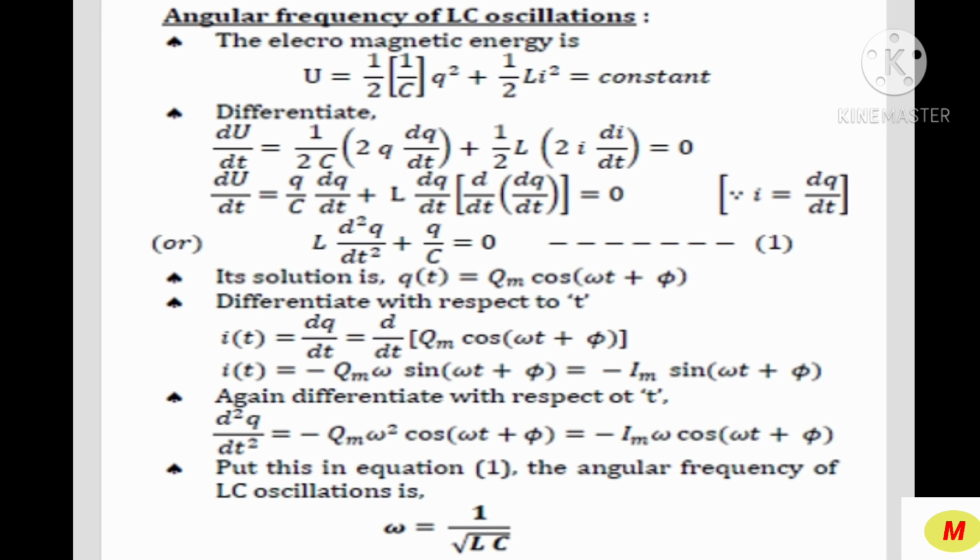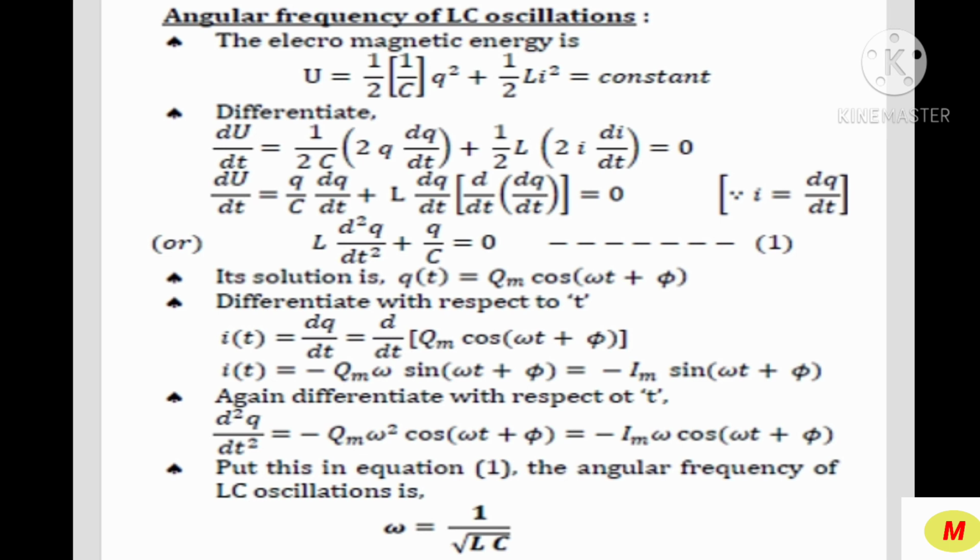Hence the equation becomes dU by dt is equal to q by C into dq by dt plus L into dq by dt into d by dt of dq by dt is equal to 0. After simplifying this equation, we get L into d squared q by dt squared plus q by C is equal to 0. This is equation number 1.